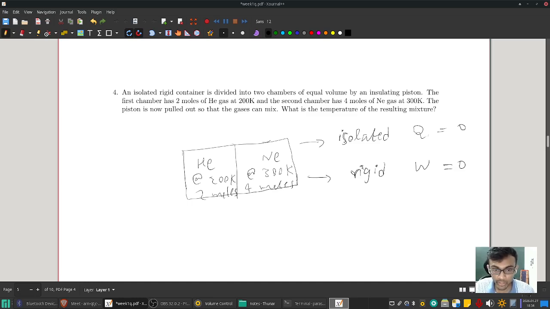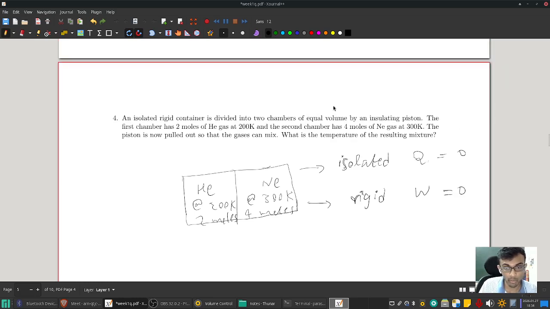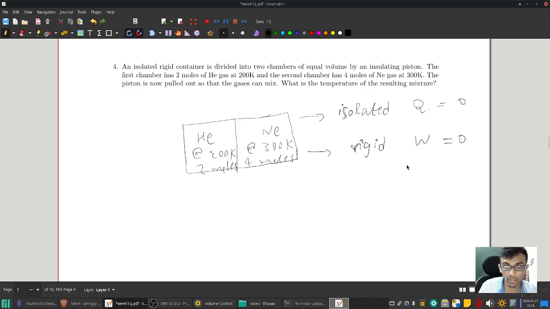So the idea is that we have to apply the first law of thermodynamics, or the conservation of energy, to find out the resulting temperature once the piston is removed.